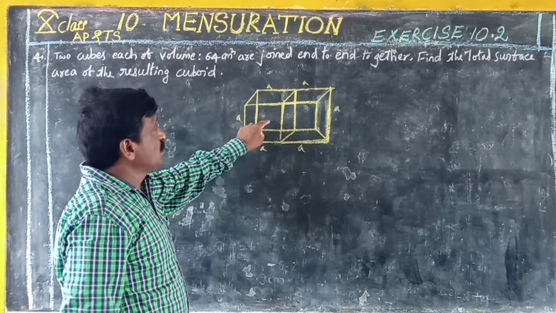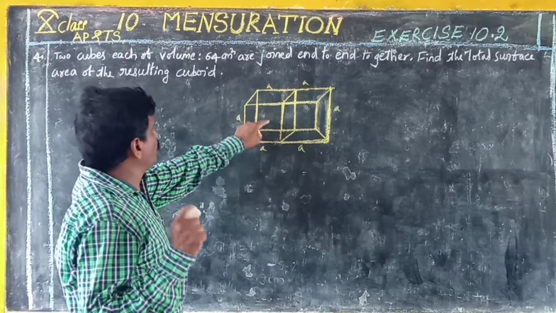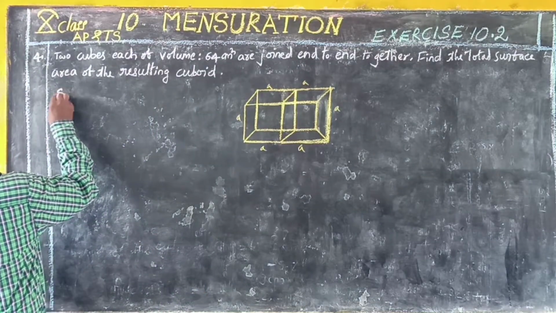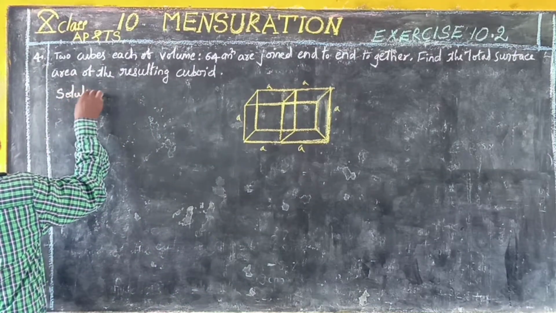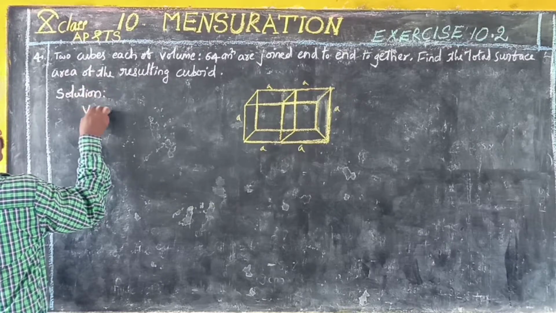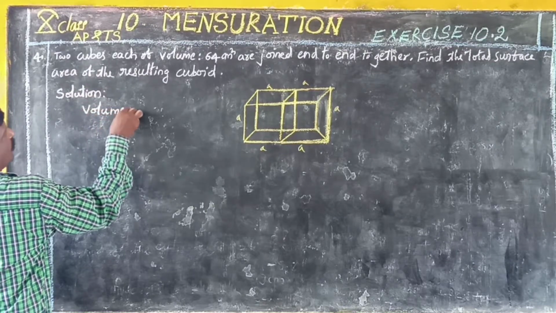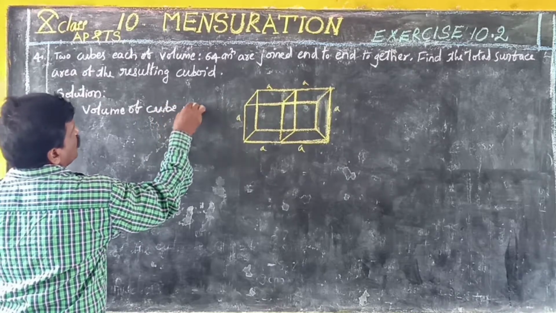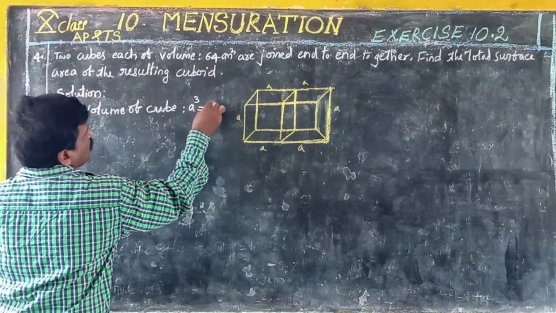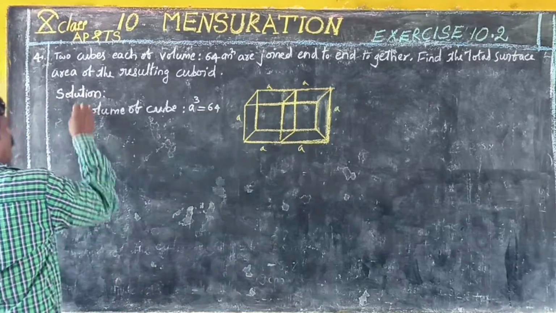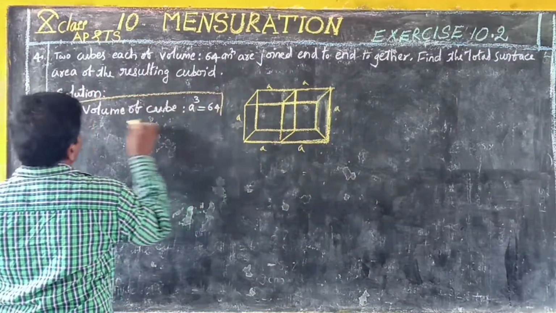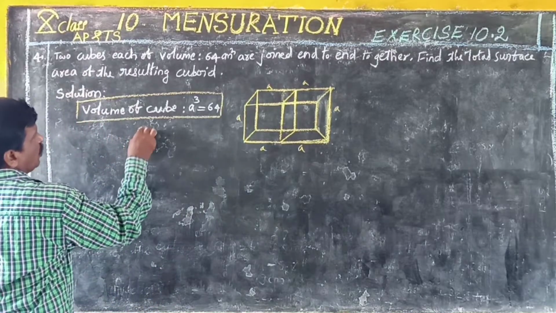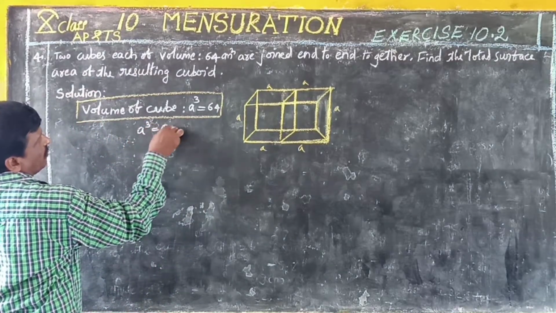The volume of one cube is given as 64, so a cube is equal to 64.